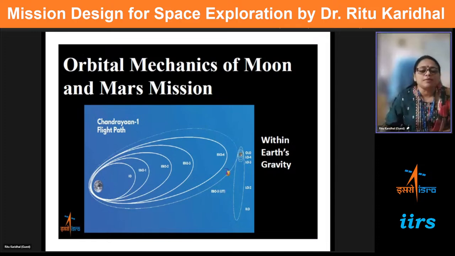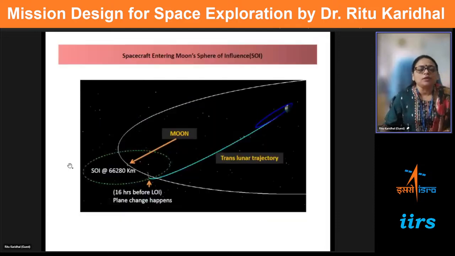Now coming to the next, I would like to cover a few of the figures. If you see here, this is what I talked about, the gravity well, or gravitational force, which is working between the two bodies. Here you see there's an orbit, this white color, where the moon is revolving around the Earth.